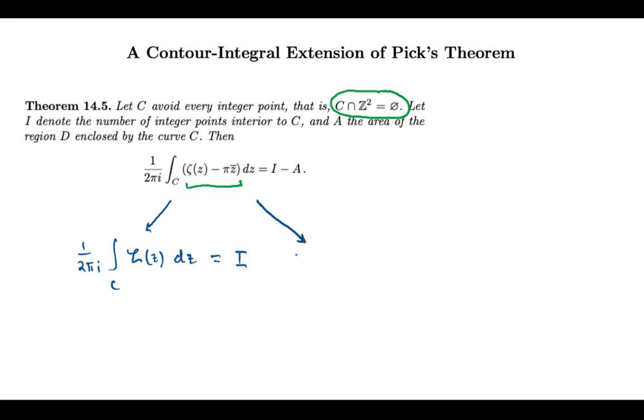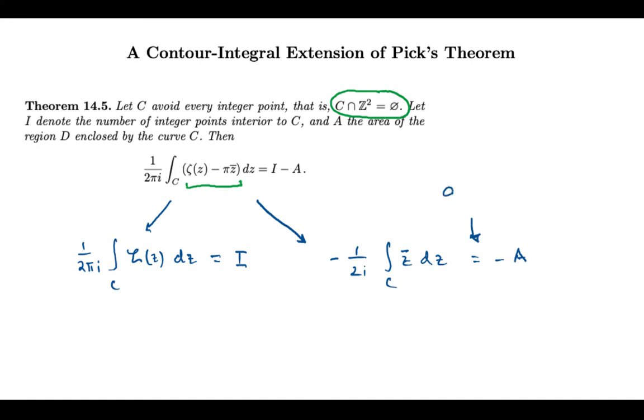And then the other contribution, if we take out this minus pi, we have an integral of 1 over 2i with a minus sign. And now we're integrating the almost analytic function z bar. And we're claiming this is negative A, so you're picking up exactly the area over here.